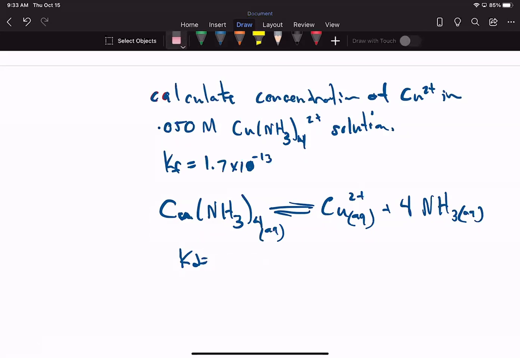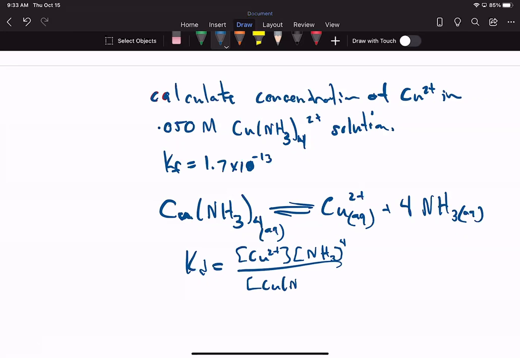Let me clean that up. So our KD is going to be written here. We're going to say this is copper 2 plus, NH3 to the fourth. Yep, there we go. So there is our KD.